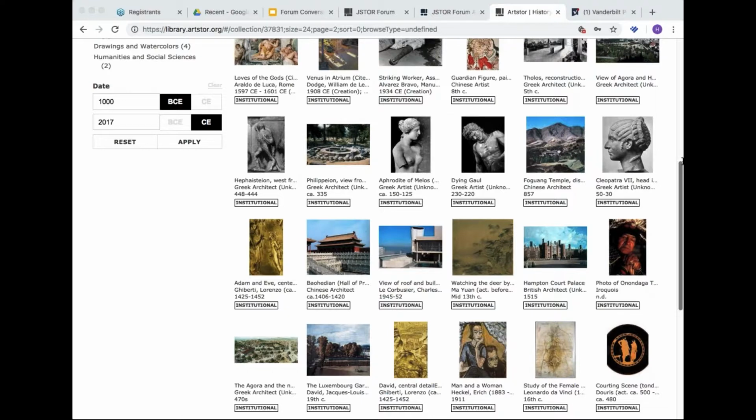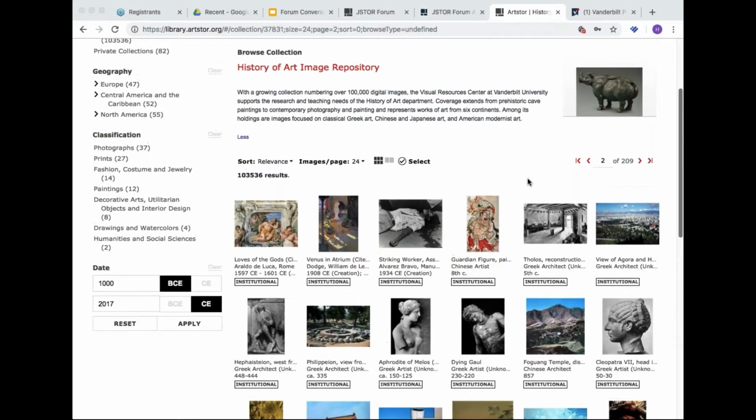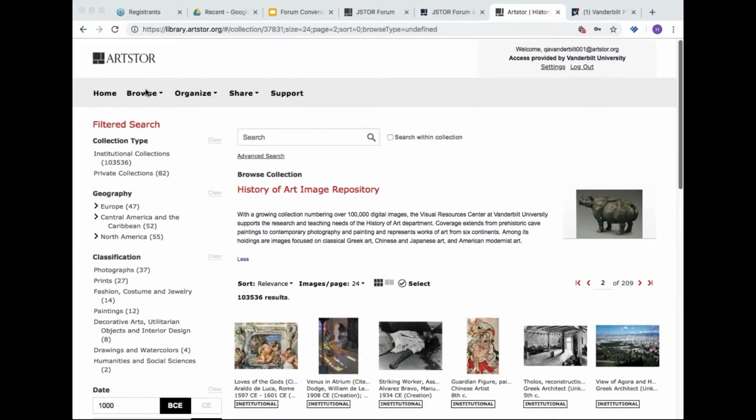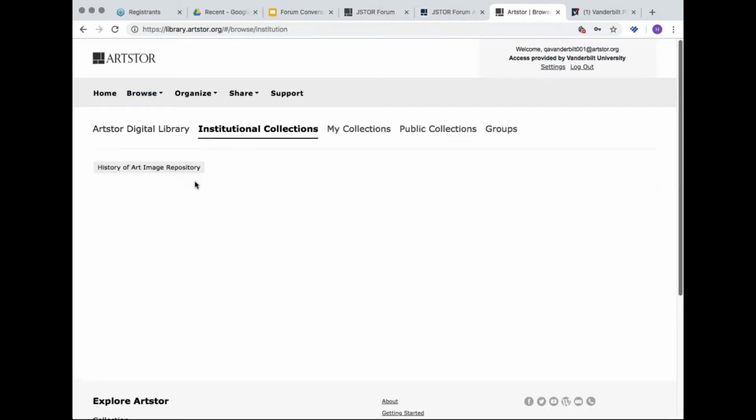Right. And that's what I was going to chime in and say, that's also, first of all, a really common issue, especially with these types of collections. And in this case, one of the things that you'll notice as I'm browsing around here is that I keep going to this browse and clicking institutional collections. This means that the collection as Vanderbilt has published it is only visible to Vanderbilt authenticated users.